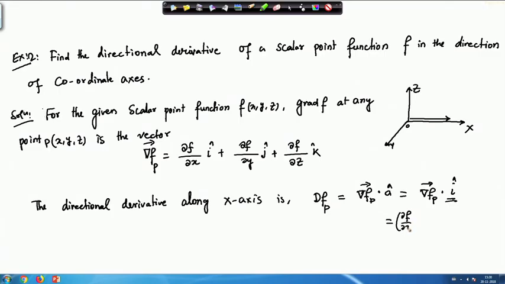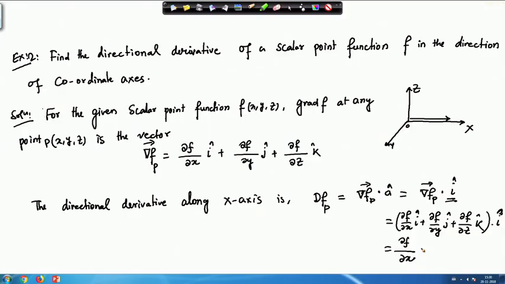So, del f/del x times i plus del f/del y times j and del f/del z times k, dot product with i. If I take the dot product, this will yield del f/del x. That is the directional derivative of the function f at any point p in the direction of the x axis.